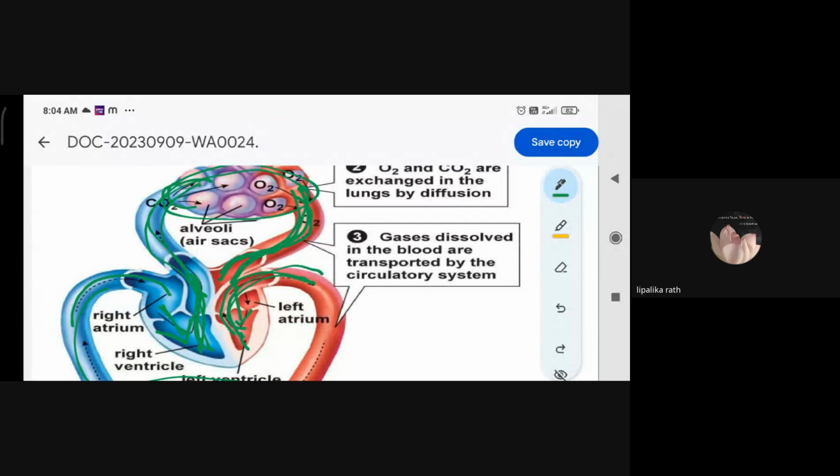Okay, so what I was talking about, let's get the concept once again. Our vena cava is collecting deoxygenated blood from the body and it is coming to the right atrium.